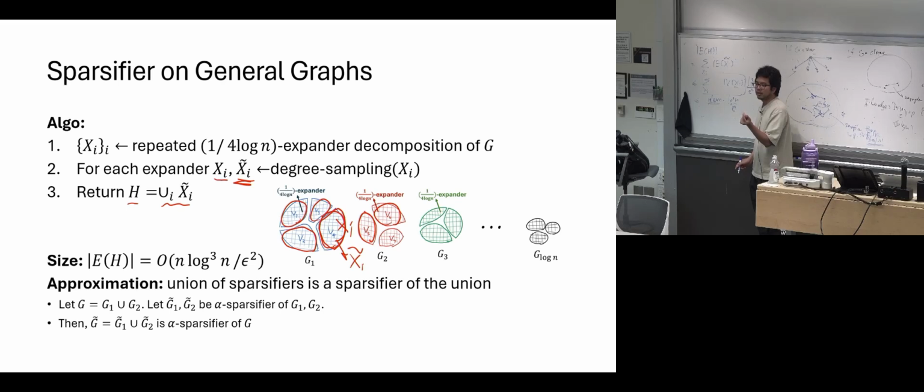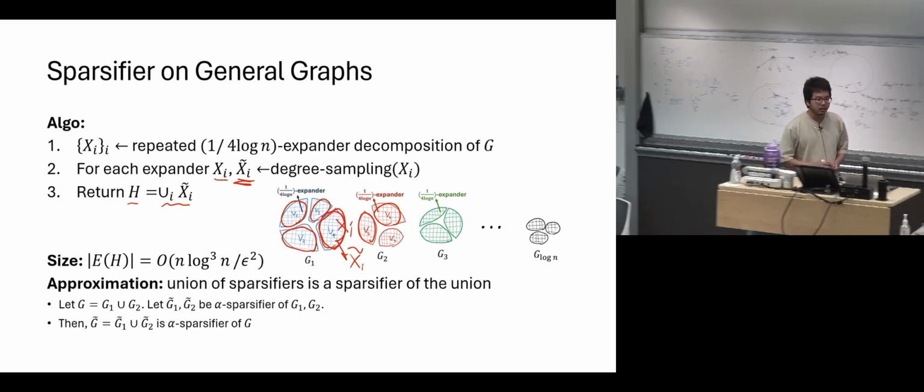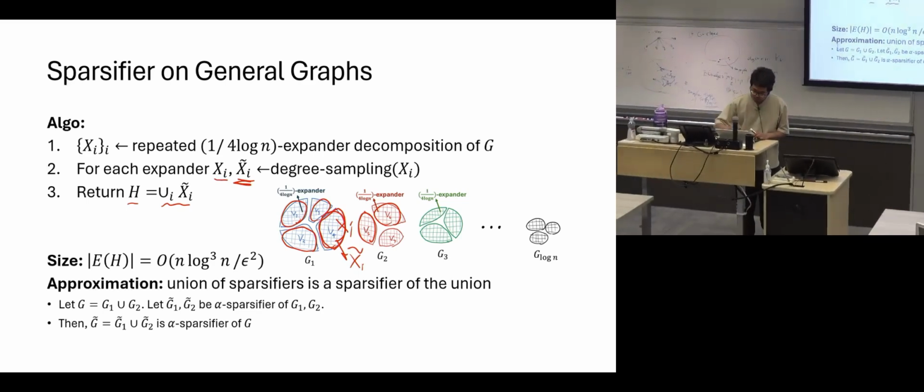Oh, it makes sense because we have log m steps, right? Yeah. Each node appears in log m many expanders, so you count each node this many times. That's why you get this size.